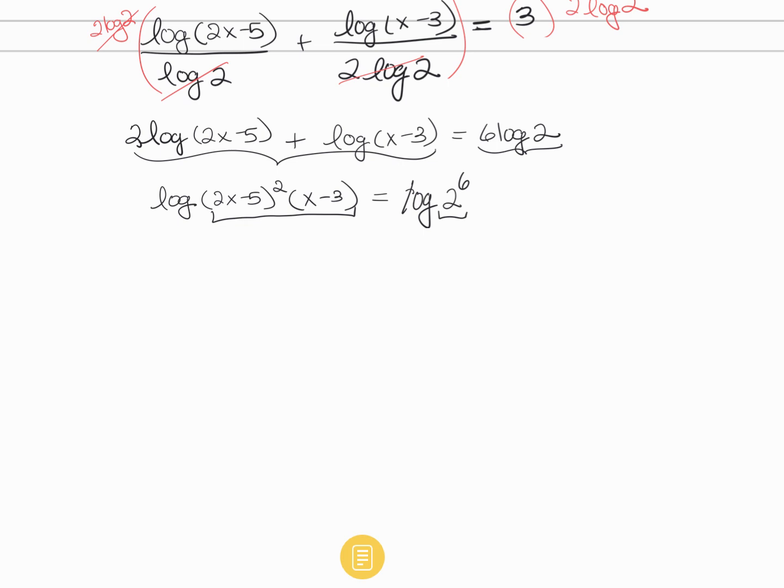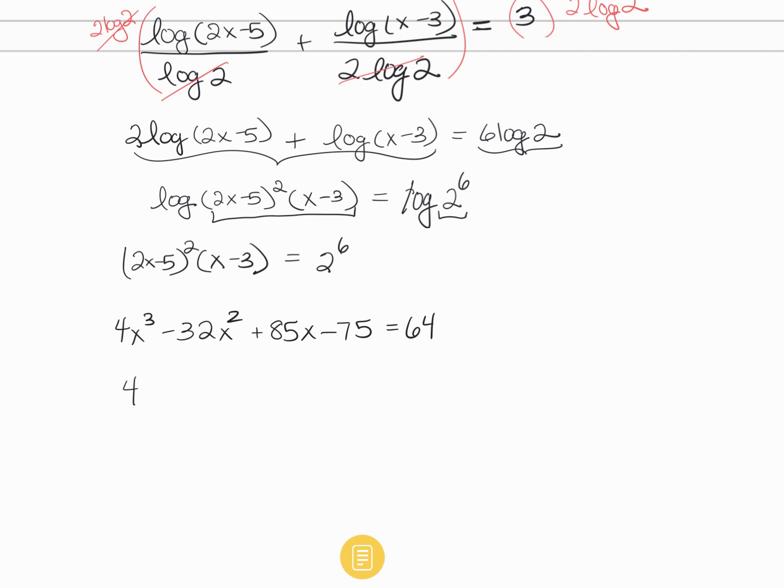So if I multiply out the 2x minus 5 squared times x minus 3 equaling 2 to the 6th, you will get, and I encourage you to multiply it out and check it, but you will get 4x cubed minus 32x squared plus 85x minus 75 equals 64, or 4x cubed minus 32x squared plus 85x minus 139 equals 0.